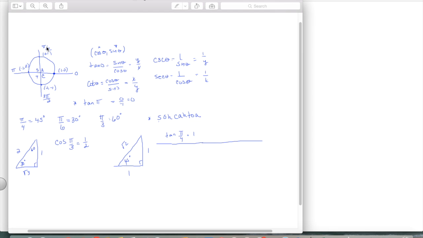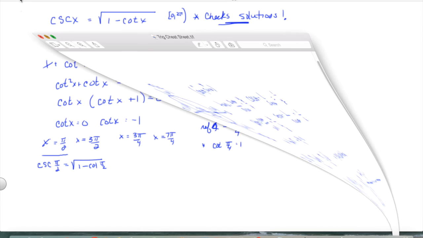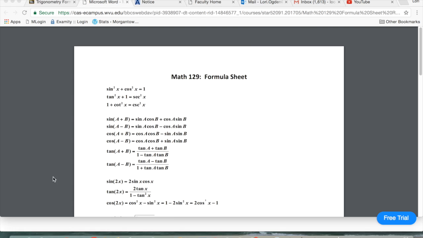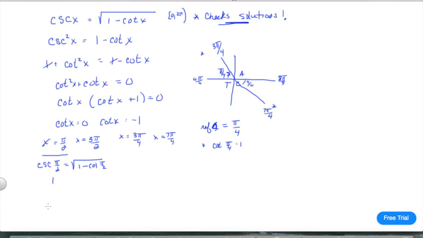Cosecant is 1 over sine, or 1 over y, so that would be 1. So I would have 1 is equal to the square root of 1 minus what is cotangent of pi over 2.